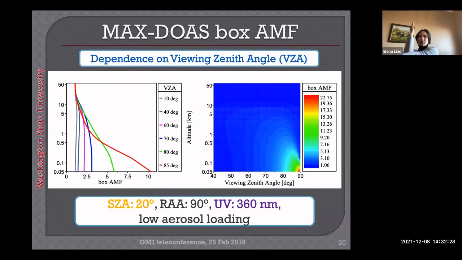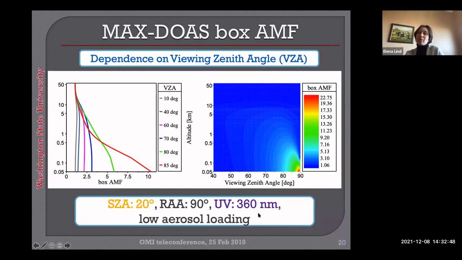So the largest solar zenith angle will be when the sun is down, and the lowest when the sun is up. So if we have the condition when the sun is up, and we're looking 90 degrees to where the sun is, relative azimuth angle, and this is for 360 nanometers.